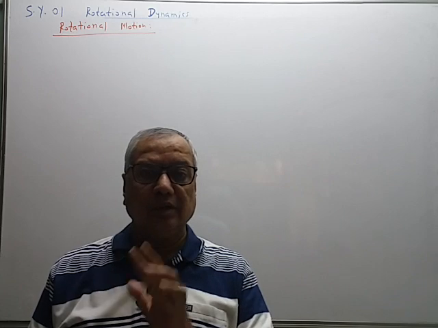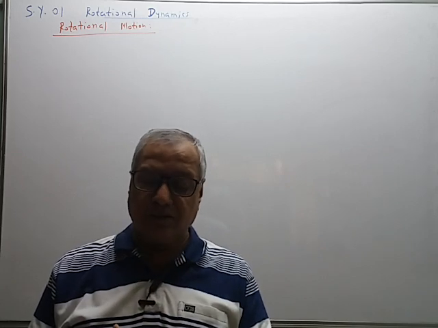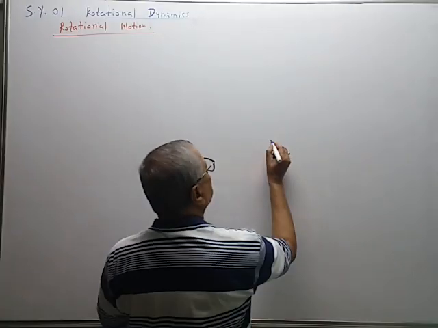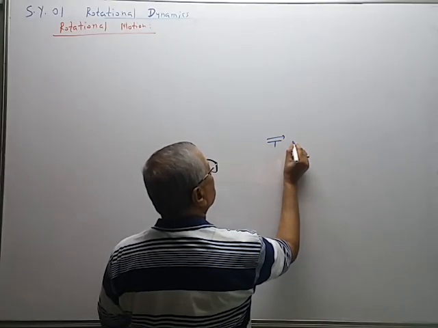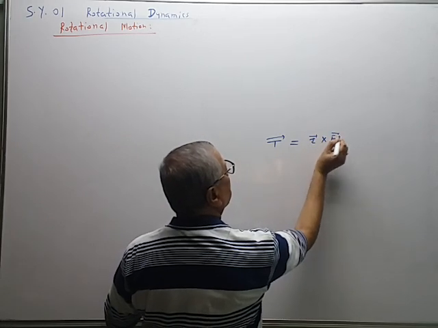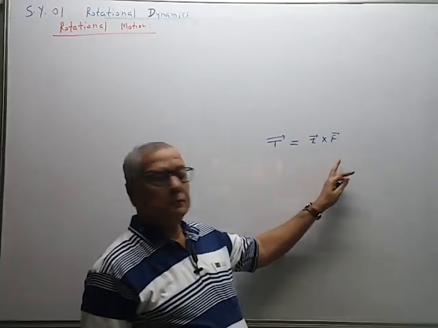For both cases, the value of the torque is the same, and we have seen the relation: torque τ is equal to, in vector form, vector R cross F, where F is the force applied.